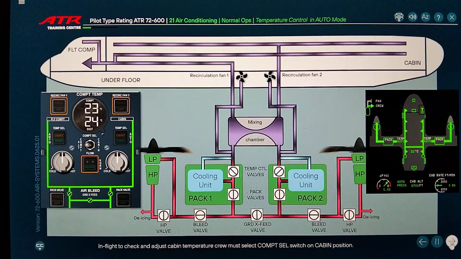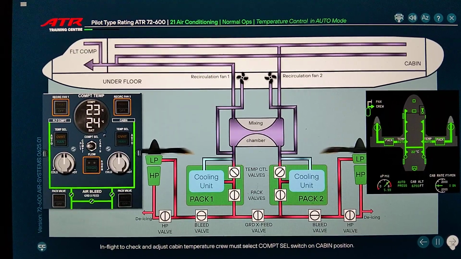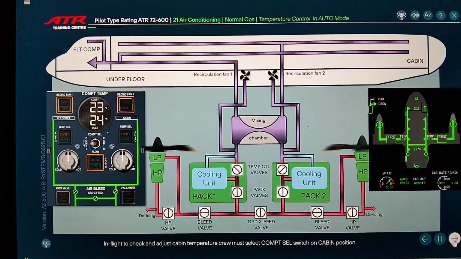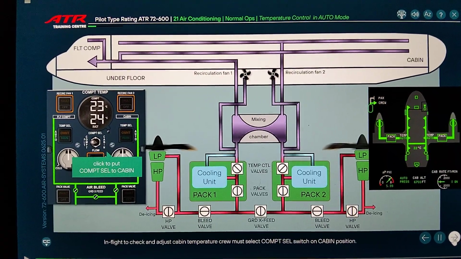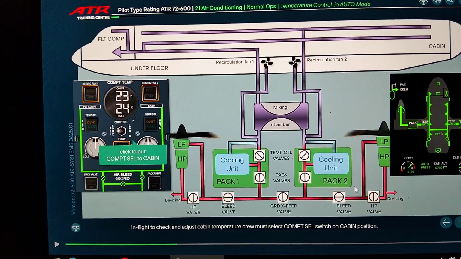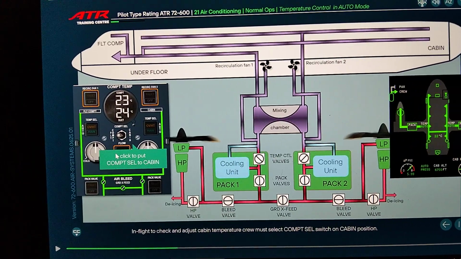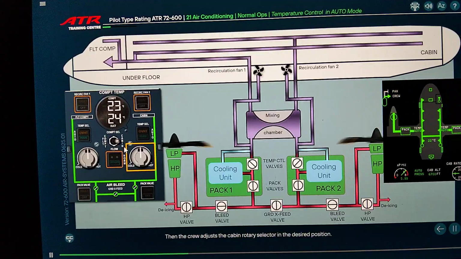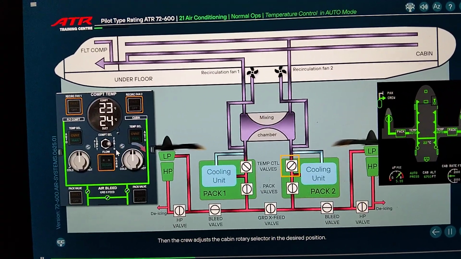In flight, to check and adjust cabin temperature, the crew must select the compartment selection switch on the cabin position. Then the crew adjusts the cabin rotary selector to the desired position.